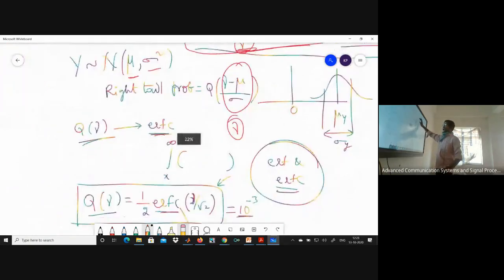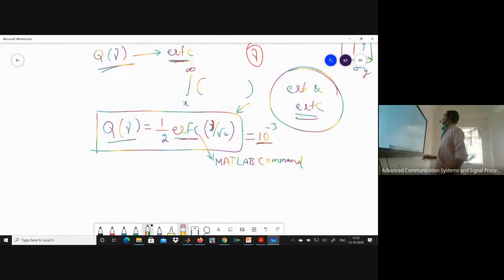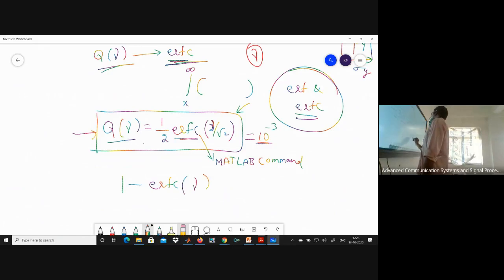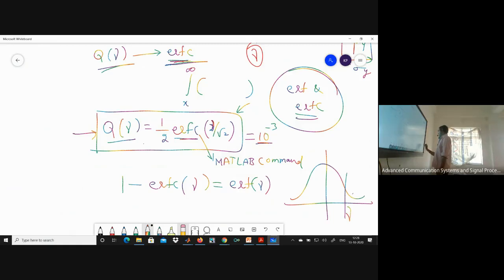Okay, so if the right tail probability is given in terms of the complementary error function, then 1 minus the complementary error function of gamma equals the error function of gamma. Earlier you took the integration from gamma to infinity, this area. Now 1 minus this area gives the area of this portion, which is given by the error function of gamma.